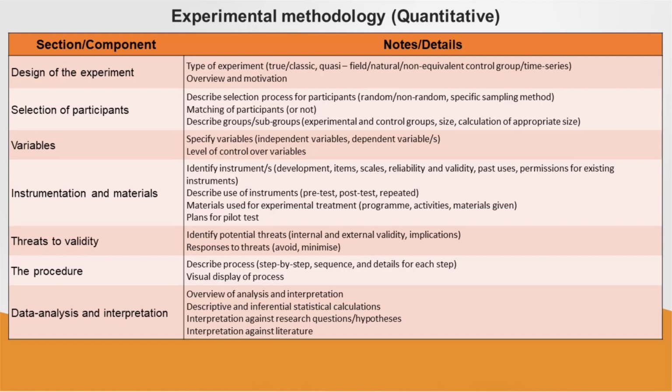It's often used in experimental designs, a visual display of how the process is put together. And lastly, the data analysis and interpretation: give an overview of the analysis and interpretation, the descriptive and inferential statistical calculations that will be used, the interpretation against research questions or hypotheses, and the interpretation against literature.